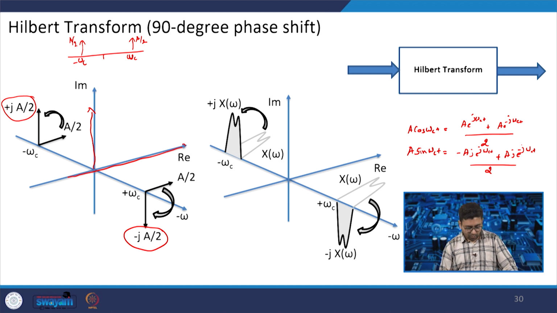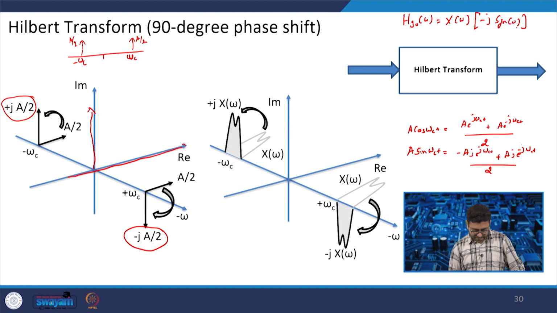So, what is the Hilbert transform? The transfer function of the Hilbert transform, H(omega), is equal to minus j signum omega, multiplying X(omega). What is the signum function?